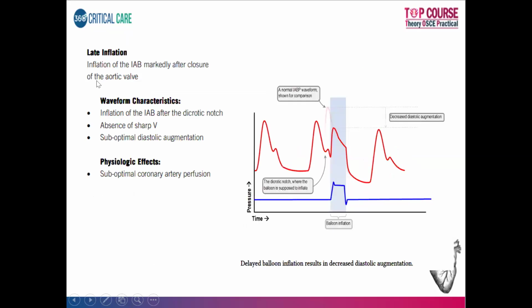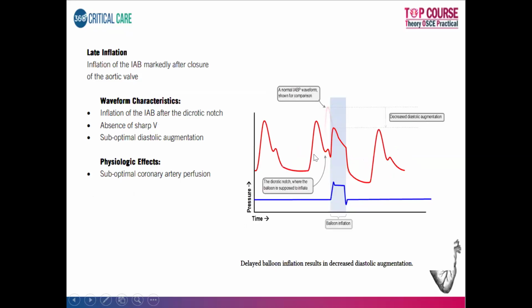Coming to late inflation, the inflation of the intra-aortic balloon actually happens after the dicrotic notch. So the augmentation during the diastolic phase that should have happened, which is seen by the faint line here, is missed. And this usually happens after the dicrotic notch.